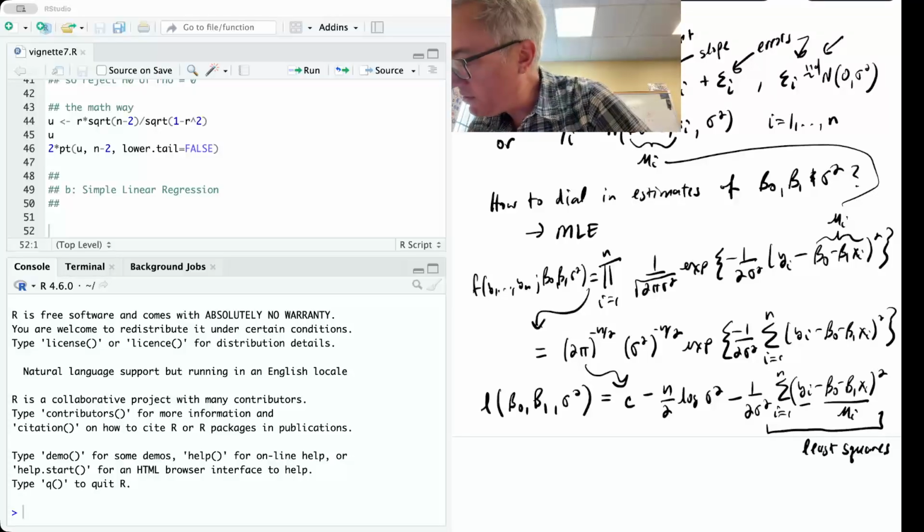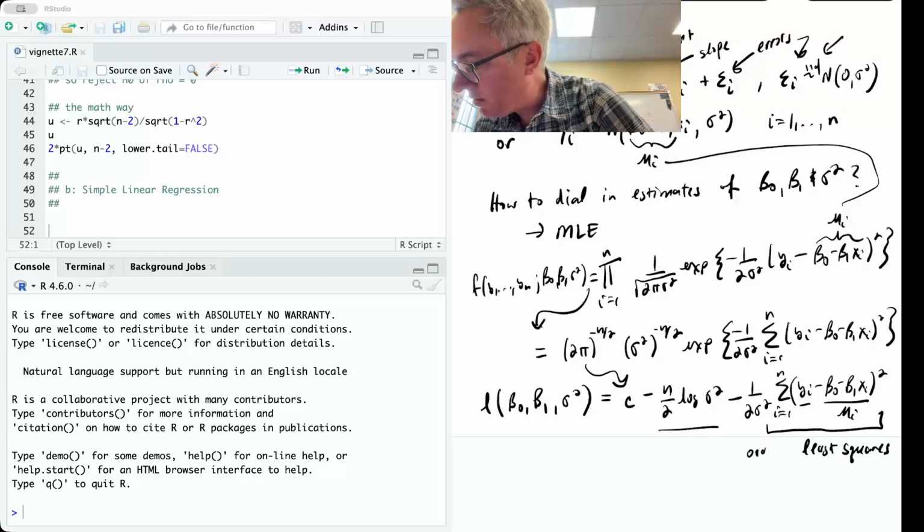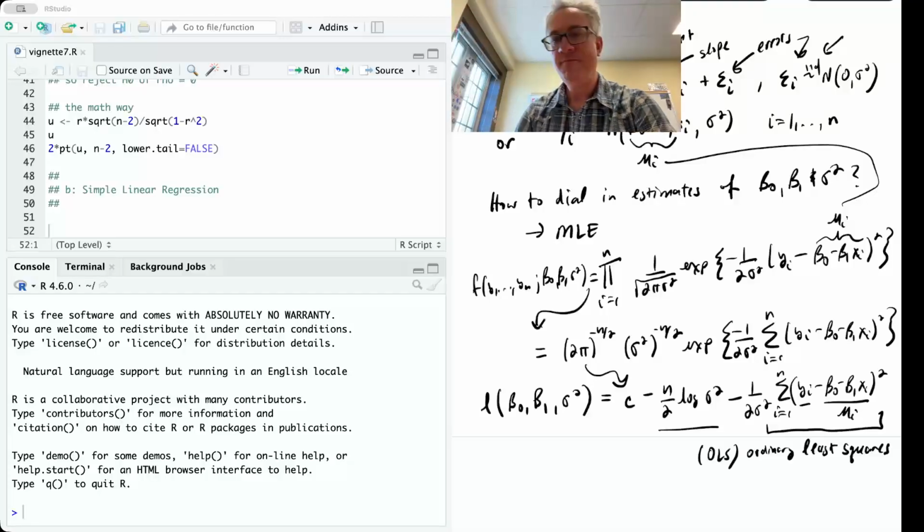So sometimes people call this part of the criteria, the part that doesn't involve the sigma squared, the ordinary least squares, or OLS criteria. So there's a connection between what I'm showing you involving a linear model and likelihoods and maximizing the likelihoods to something you may have heard of before called ordinary least squares.